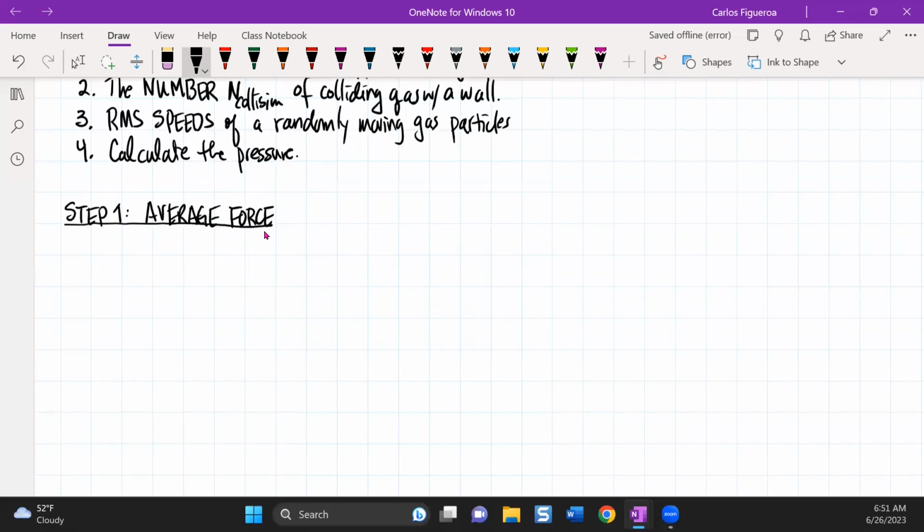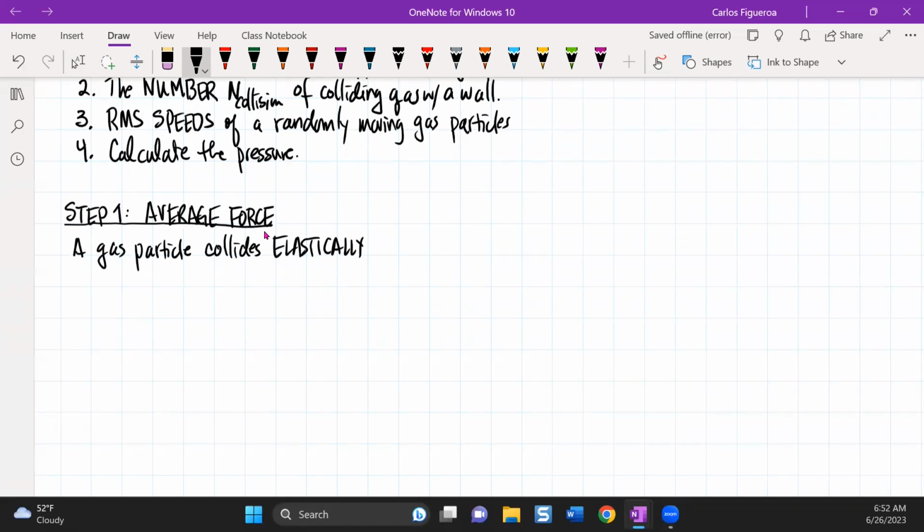So here we go. A gas particle collides elastically. What that means is that they change direction, but the speed before and after are exactly the same.